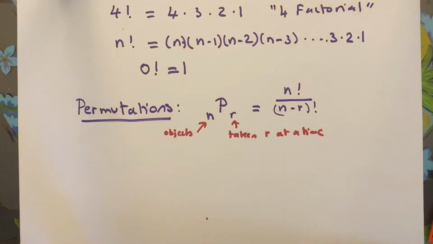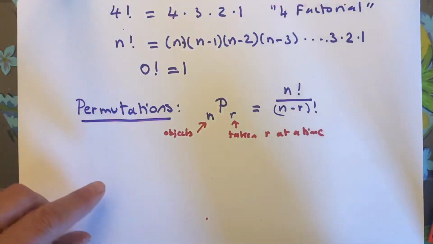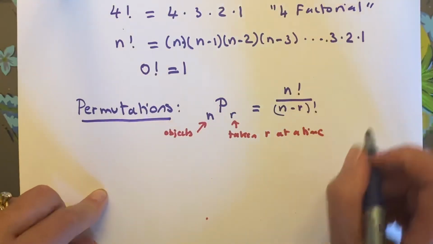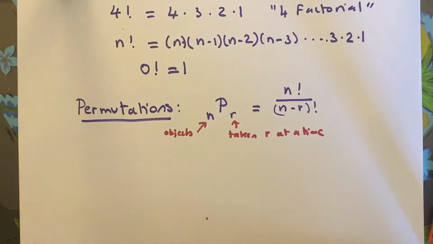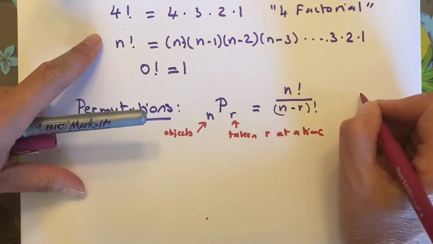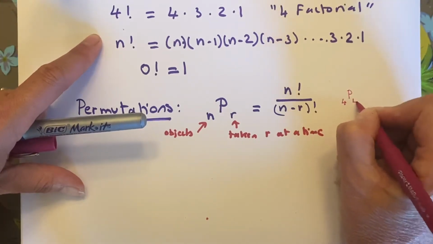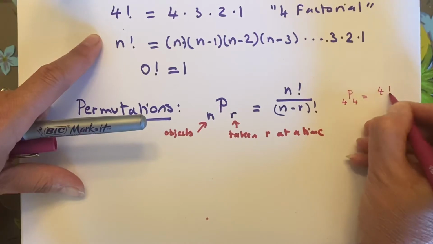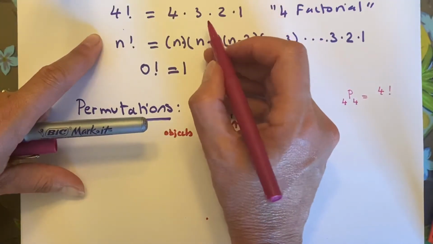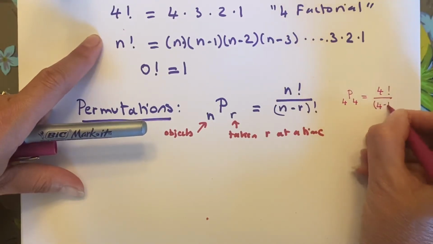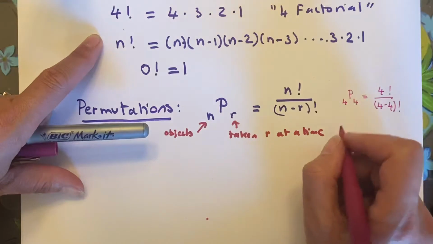Okay, so if I was talking about my 4 objects taken 4 at a time, I'm going to write it smaller just because I don't want to take up a lot of space. My 4 objects taken 4 at a time is going to be P(4,4) equals 4 factorial, which you can see is up here, and we already calculated was 24, divided by 4 minus 4 factorial.